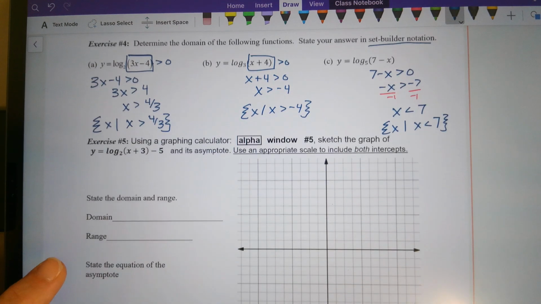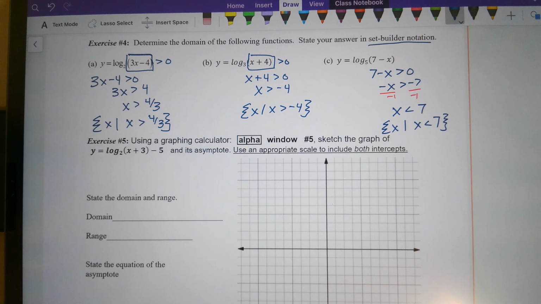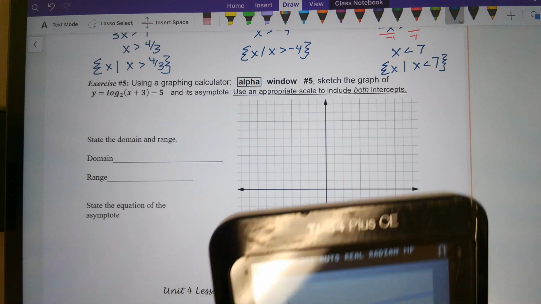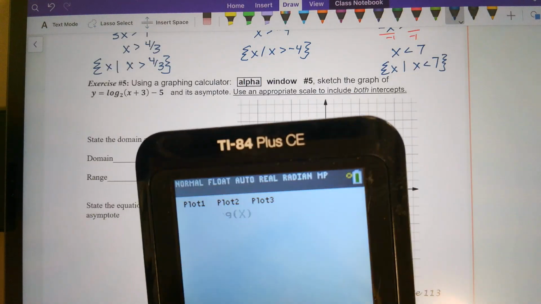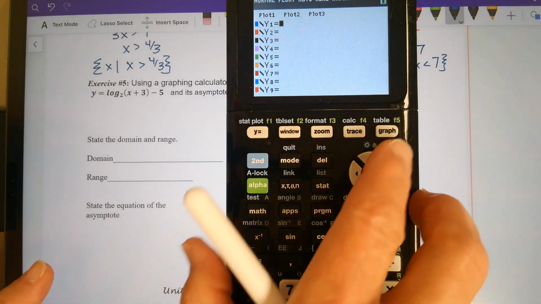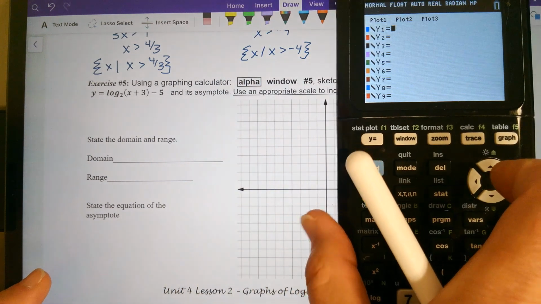And exercise number 5, using a graphing calculator. Alpha window number 5, sketch the graph of y equals log base 2 of x plus 3 minus 5 and its asymptote. Alright, so on the calculator, as it says here, alpha window number 5.